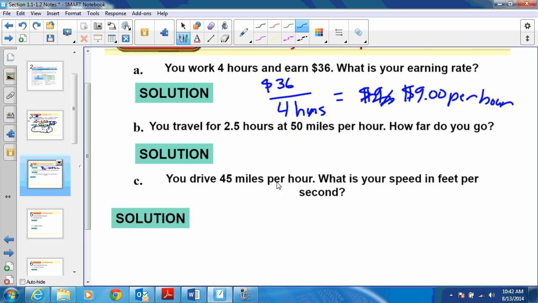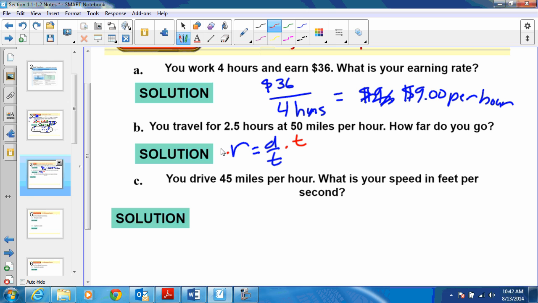You travel 2.5 hours at 50 miles per hour. How far did you go? Well, this is distance, rate, time. You need to know that. This is one of the most important formulas: rate equals distance divided by time. But in this case, we want distance. So what we have to do is change it. How do we get distance by itself? We multiply by time on both sides.